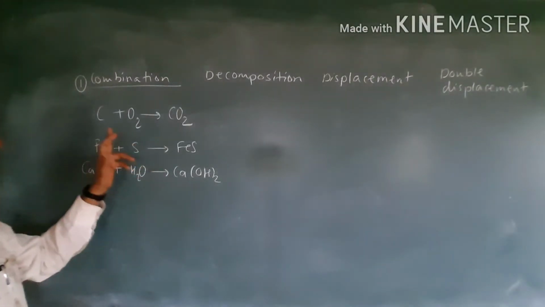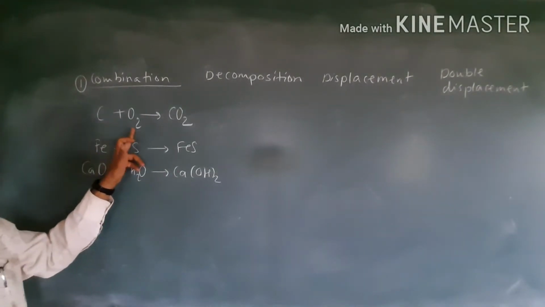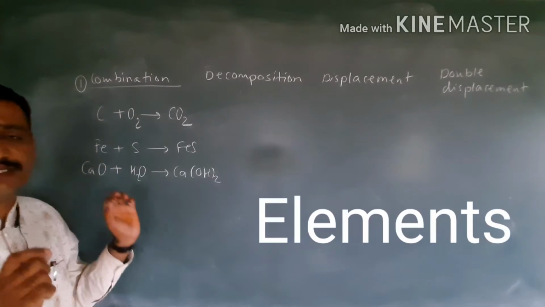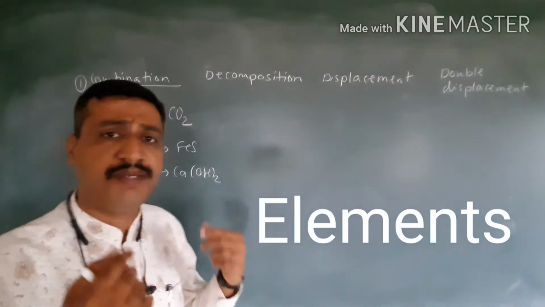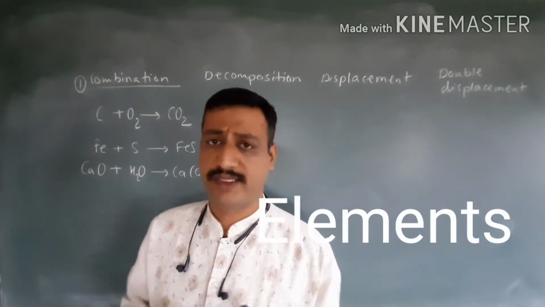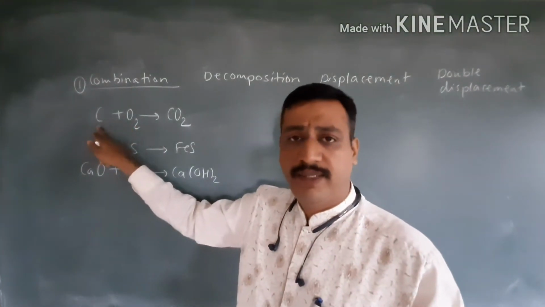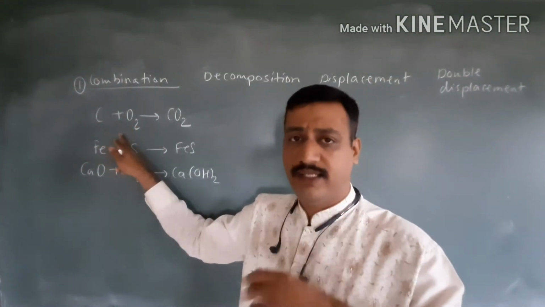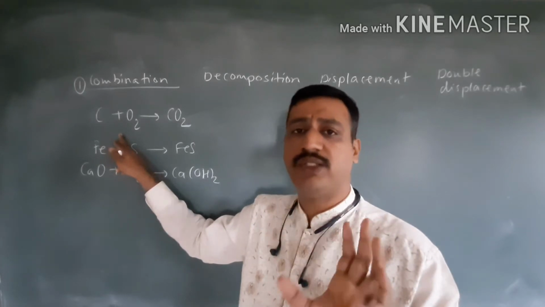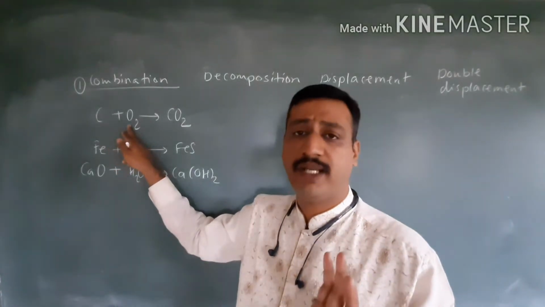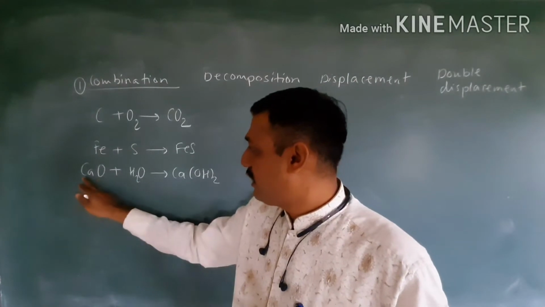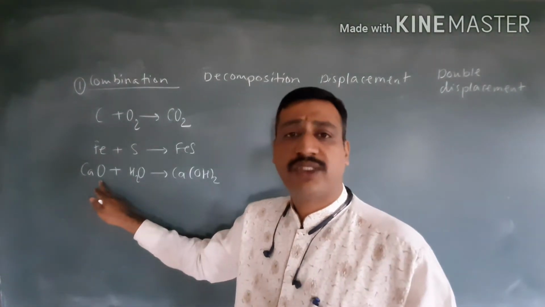Okay, so here carbon is an element and oxygen is also an element. The substance which is made up of the same type of atoms is known as an element, isn't it? By that definition, carbon is an element, and O2 which we inhale for respiration is also an element because it is made up of the same type of atoms. Here calcium oxide is a compound.